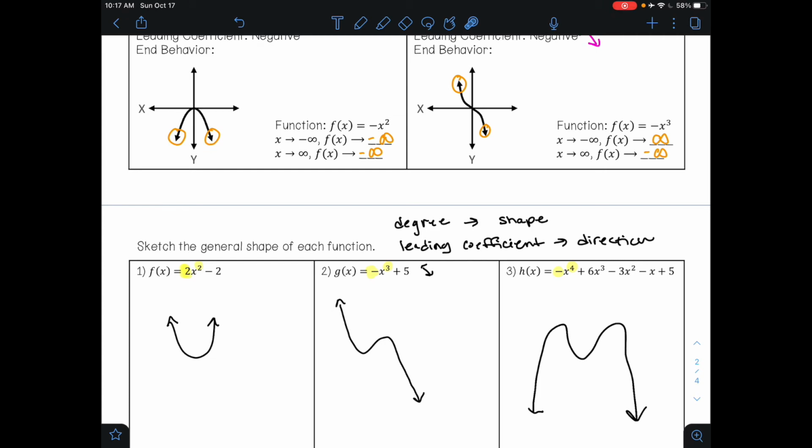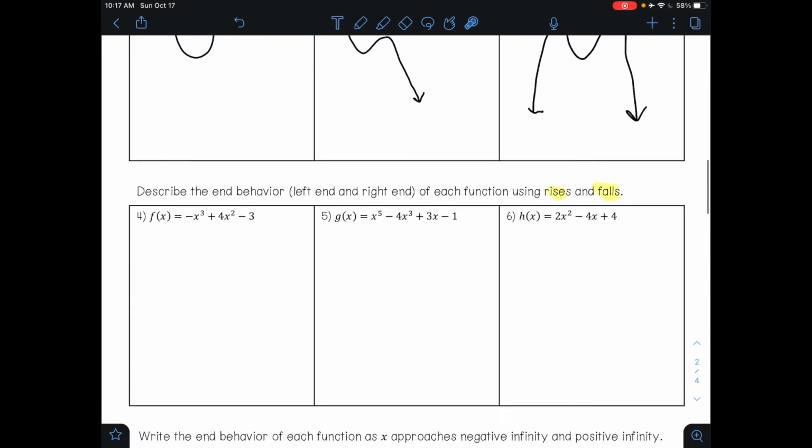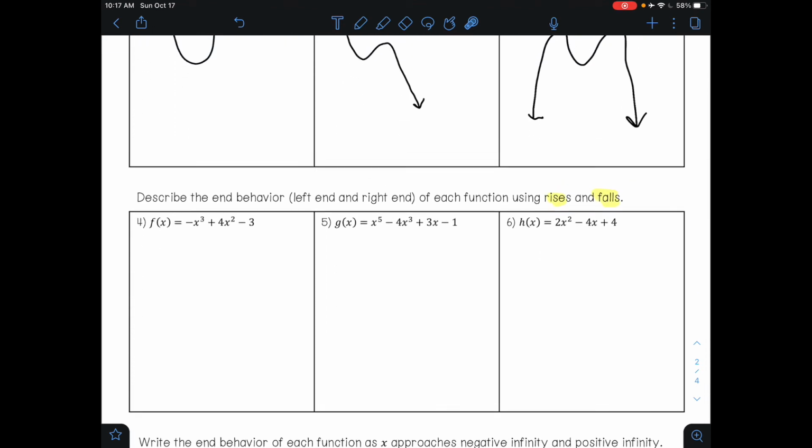Or here I would say the left side rises because it points up, and the right side falls because it points down. It's the same idea, just using different words. If you're not sure what this graph looks like, you could graph it in Desmos just by typing it in and looking at it.